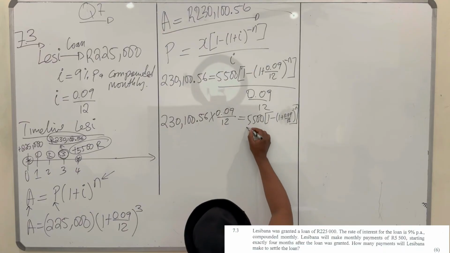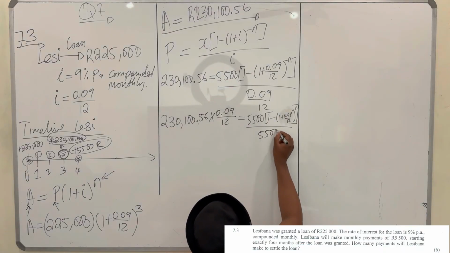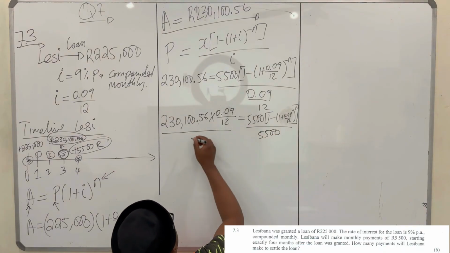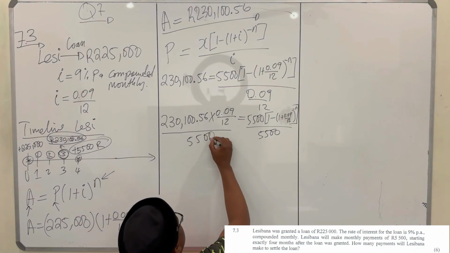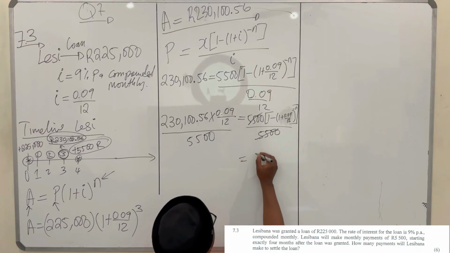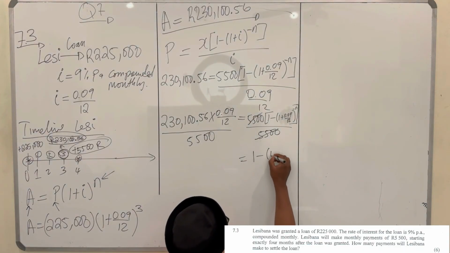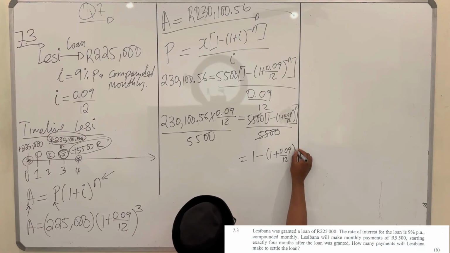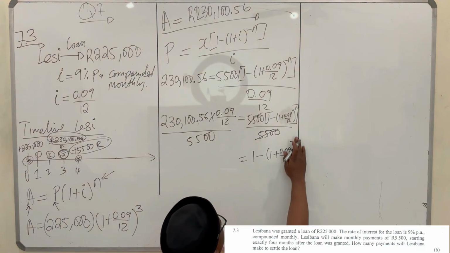Then divide by 5,500, divide by 5,500. This and that go away. So this side, we're left with 1 minus (1 plus 0.09 over 12) all raised negative n.